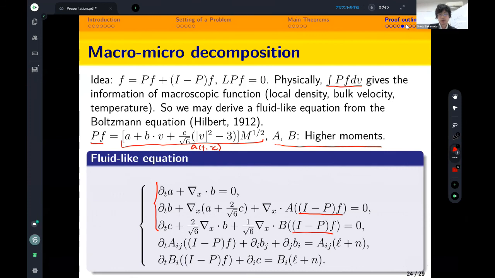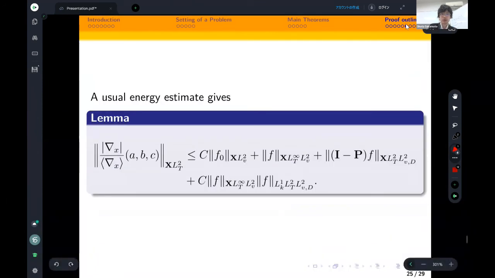To close the system, we also have to consider the time derivative equation for this A and B. Then we can close the equation. It's very lengthy to derive this equation. However, once derived, we can use the usual energy estimate to get this lemma inequality.